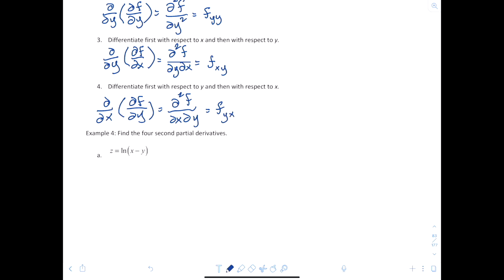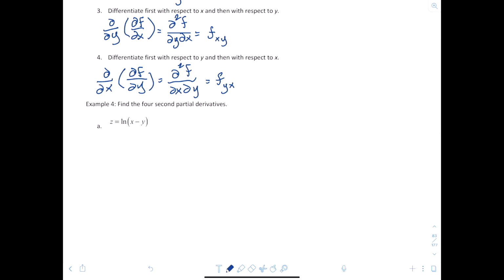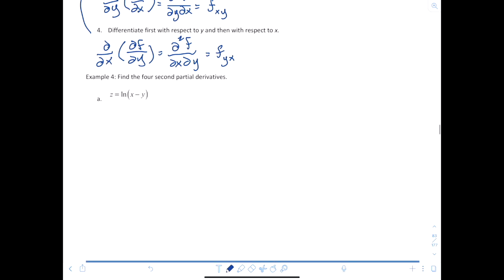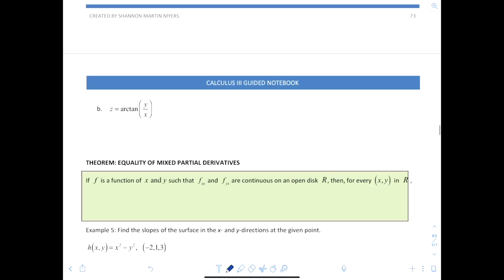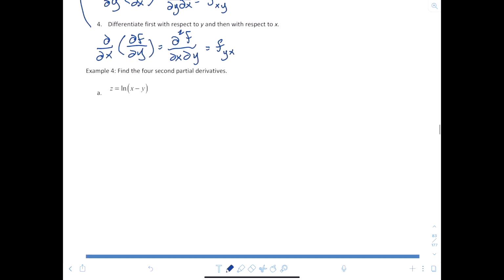Now, what you're going to find is that these two are equivalent to each other, right? That they're equivalent. So let's find that in these next couple problems. Let's find the 4 second partial derivatives.